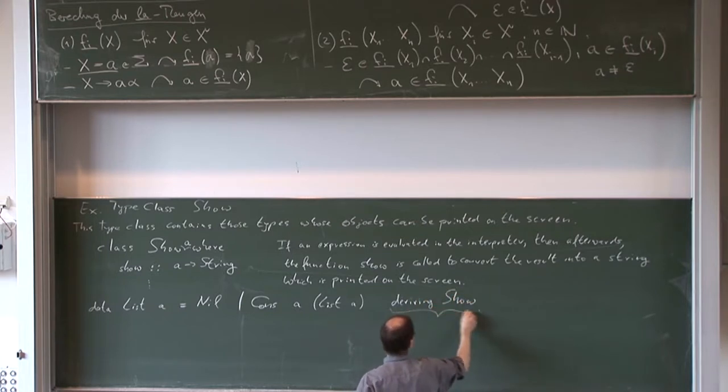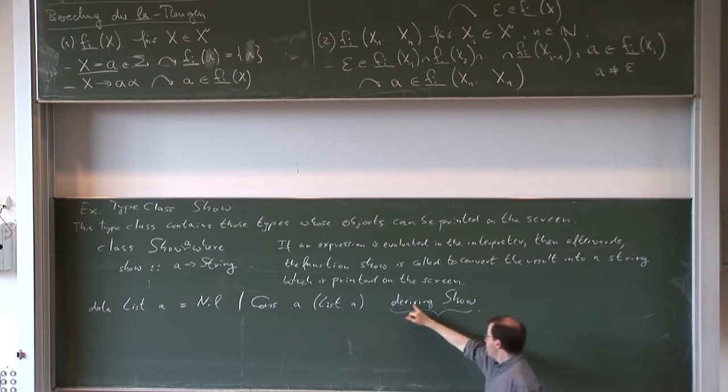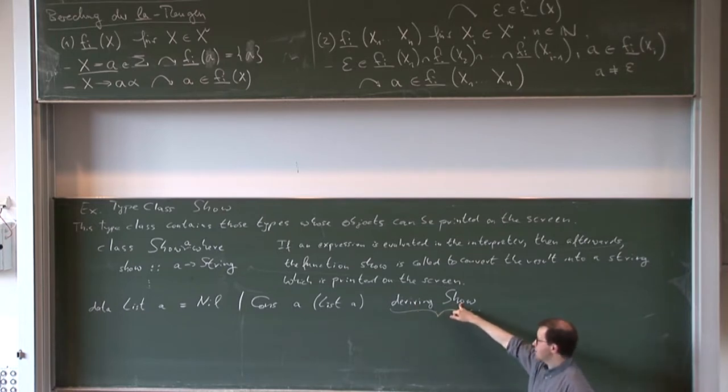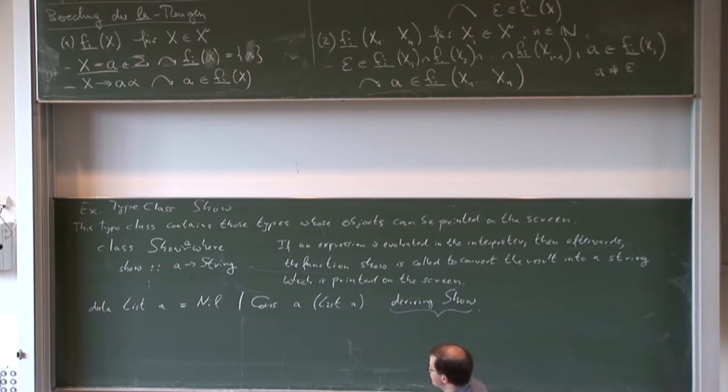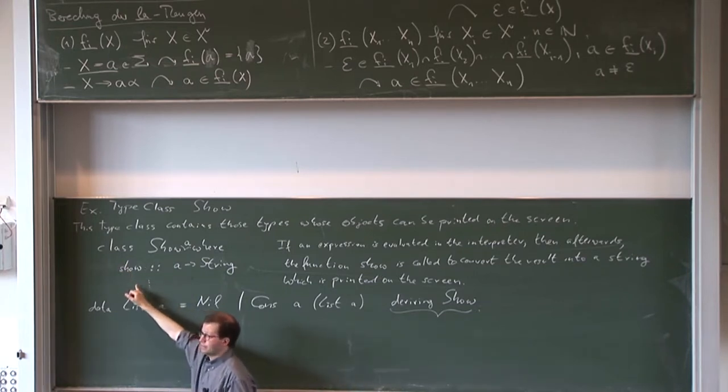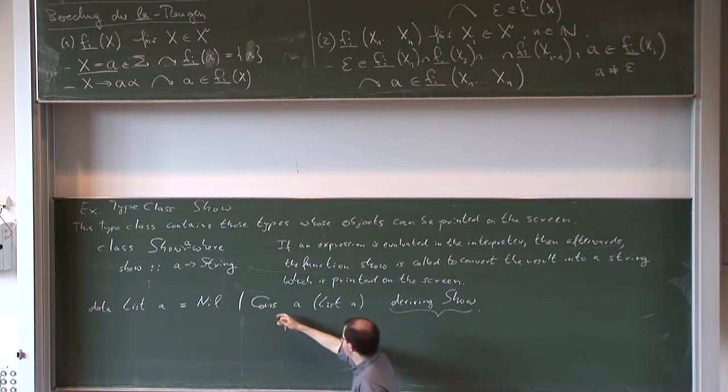If you add the word deriving and then the name of a type class, this has the same effect as if you write that list A should be an instance of the class show. But then, of course, how to implement these functions here? Well, Haskell will take a standard implementation and will, for example, for show, simply print the word cons and then the string for the first element, and then it will print the remaining list.